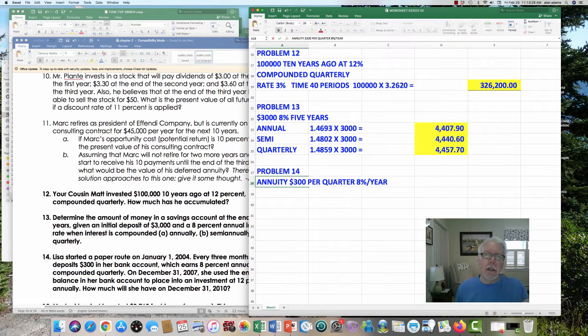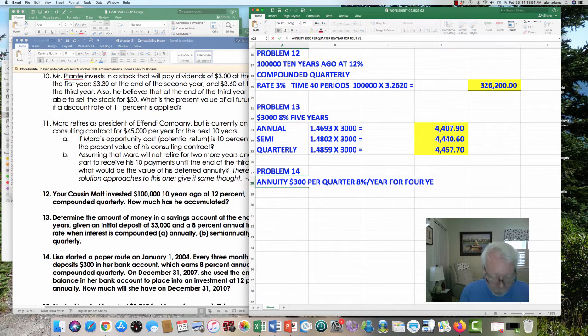Because she began on January 1st of the first year, ended on the last day of the last year. That's 4 years, isn't it? 2004, 5, 6, and 7. So this woman's money is going to be multiplied over 4 years each quarter. Careful. Okay?